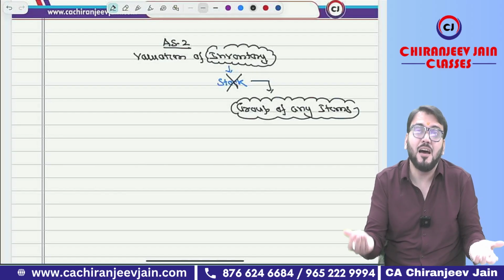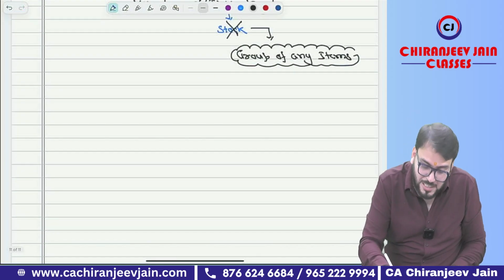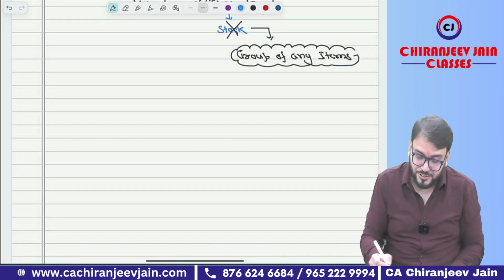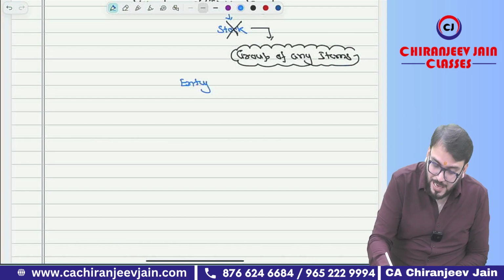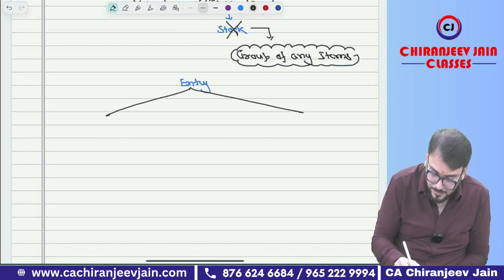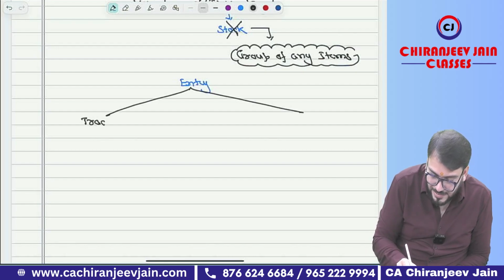Now, to understand inventory, we need to understand that there are two types of organization. Any entity can be either a trading organization, meaning non-manufacturing, or a manufacturing one.